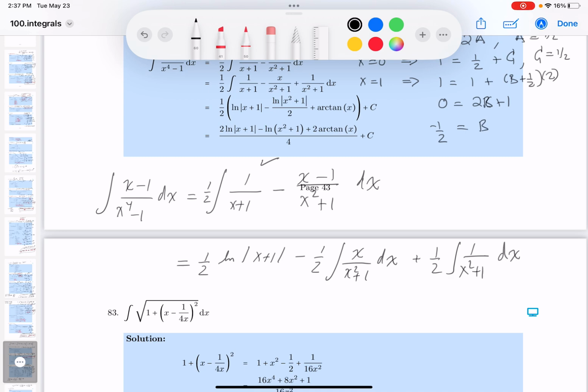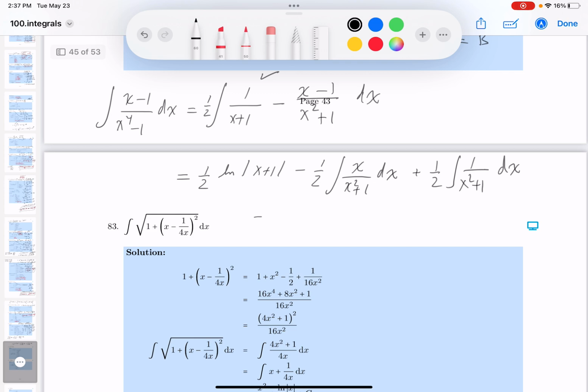All right, some of the integrations look pretty easy to do. Let me write this down for you. That integration's easy. This guy here is not that bad, by the way.